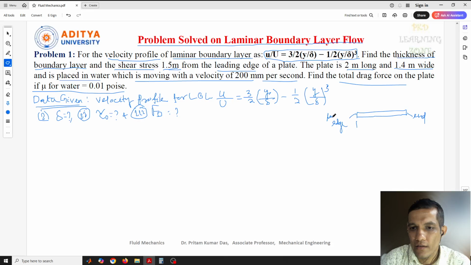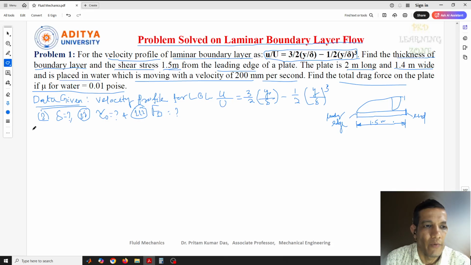From this point, at a distance of 1.5 meter, we need to find the shear stress. I have drawn it like this, and this is the velocity profile. This is the boundary layer. The velocity profile will be given like this, or we can consider it at this point also.